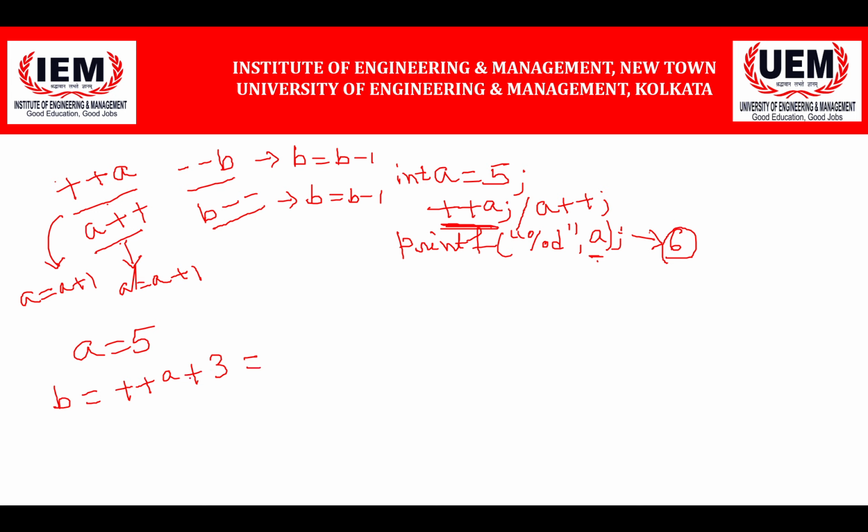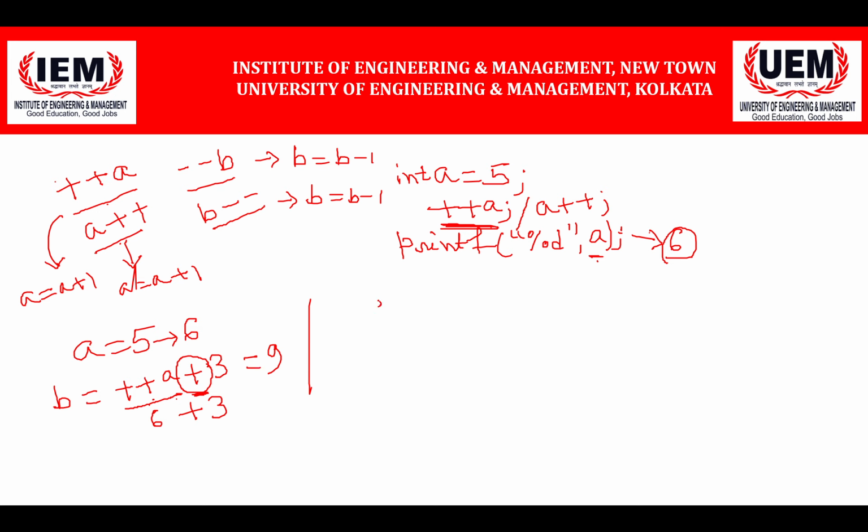Here you can see this pre-increment operator is used in an expression. It means pre-increment, so before the operation, the value is incremented by 1. Here the operation means addition. So before this operation, the value of A is incremented by 1, that means 6. So that is 6 plus 3. So the output is 9.